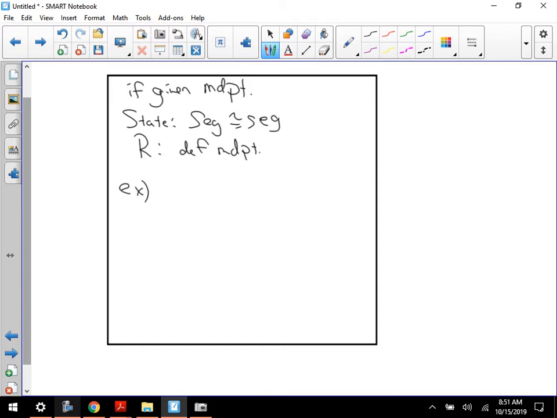Example. X is midpoint of YZ. Okay? And then I've got a little diagram. If X is a midpoint of YZ, what are the two segments that are congruent to each other?